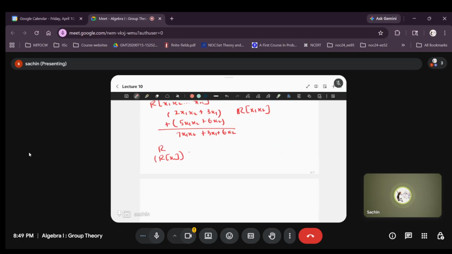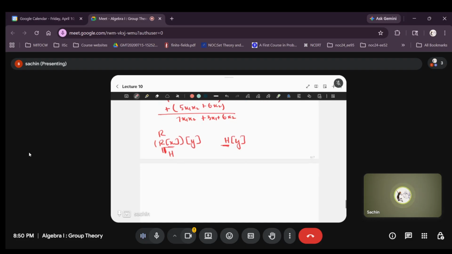Then R of x, y is also a ring, because R of x is a ring. If you forget this and call it some ring h, then this will be simply h of y, where the coefficients come from h. But actually h itself is a ring with polynomials in x. So the coefficients are polynomials in x.